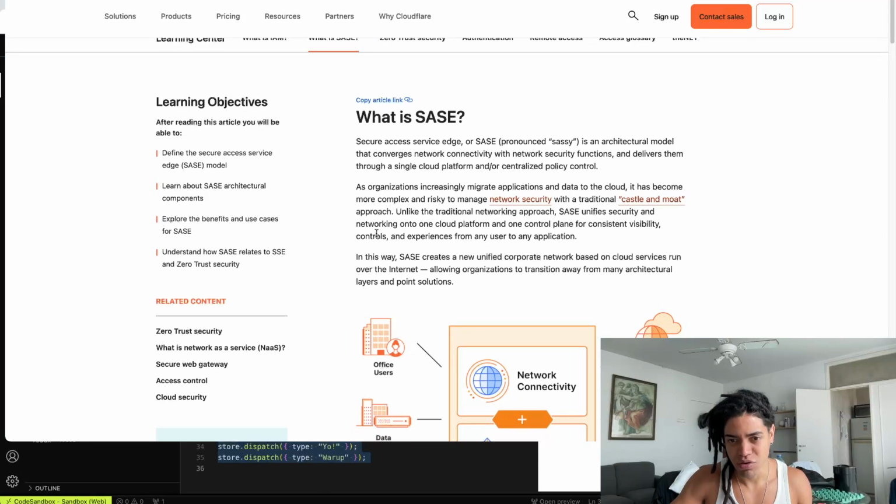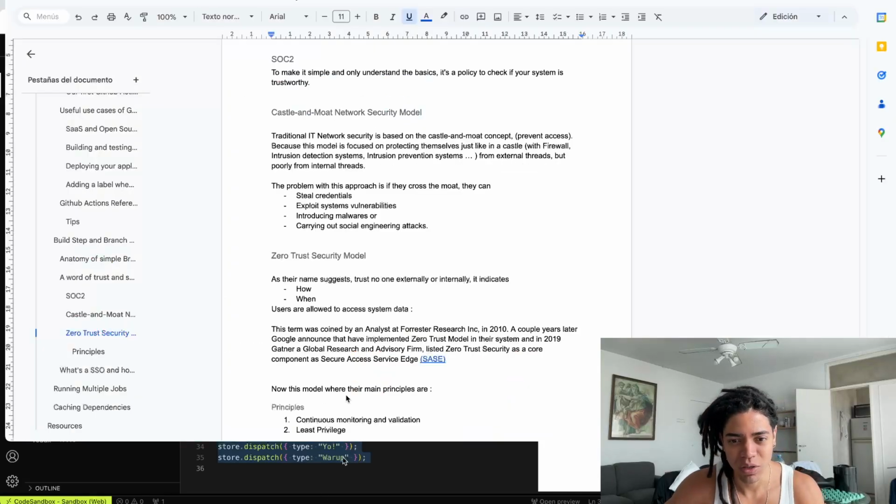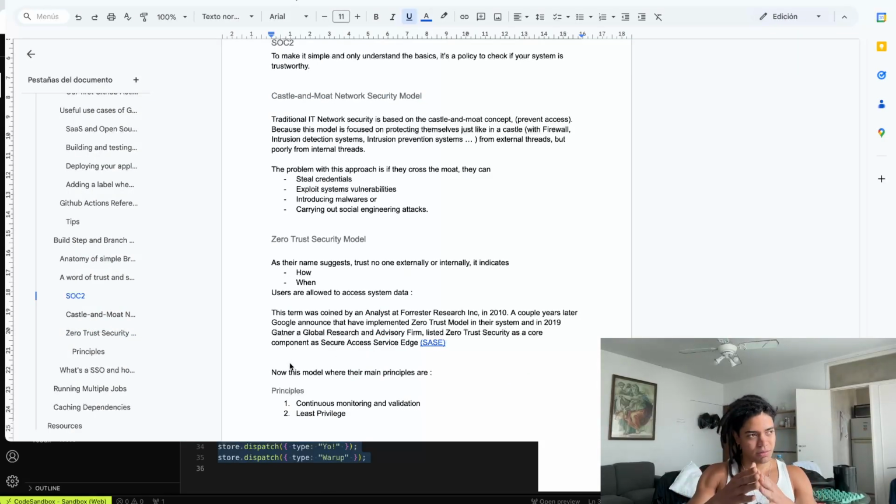SASE creates a new unified corporate network based on cloud services run over the internet. We look at this because of the zero trust security model, which organizations now focus on as a way to secure their IT assets and business assets.